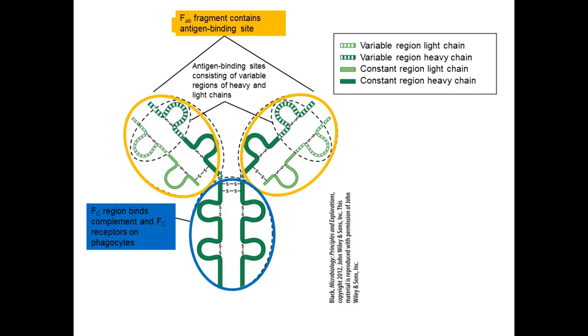If it changed, we'd be in trouble, because then our phagocytic cells wouldn't be able to recognize it. So just as I talked about last time, these constant regions are important because they allow, in this case, the two heavy chains to bind to each other, and the heavy chain to the light chain to have a functional antibody. Make sense? Okay. So the structure really determines how these things function.